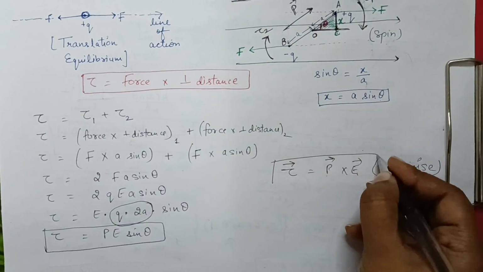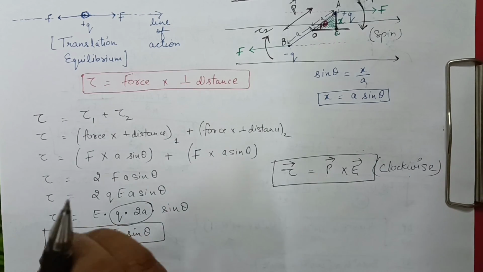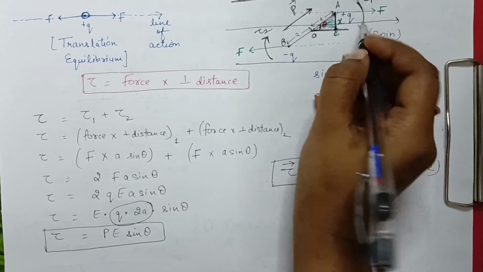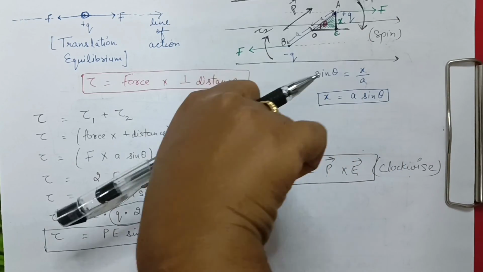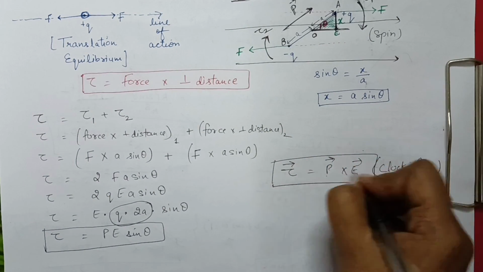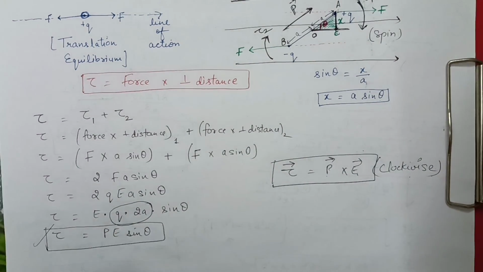I hope you know how to find p cross E. p is in this direction, E is in this direction, so p cross E will be moving in the clockwise direction. So torque will be p cross E. This is the magnitude of torque and this is how you can find the direction of torque.